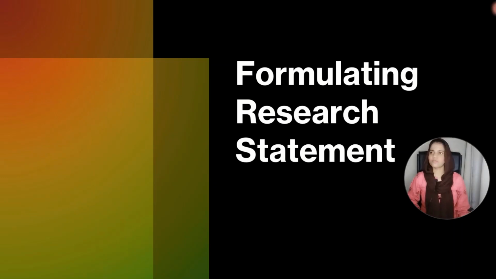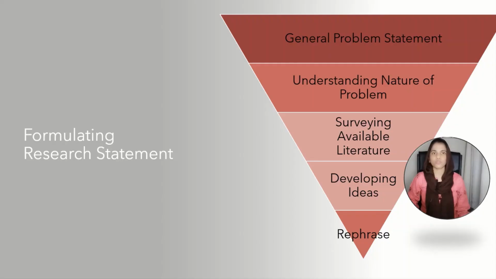So these are the general steps you're going to go through to formulate a proper research statement. After making a generic problem statement, you need to understand the nature of research you're going to do, whether it's going to be exploratory, descriptive, empirical, or observational.